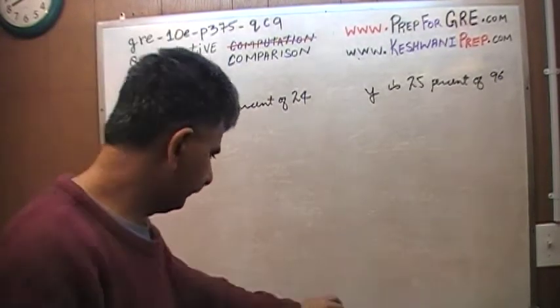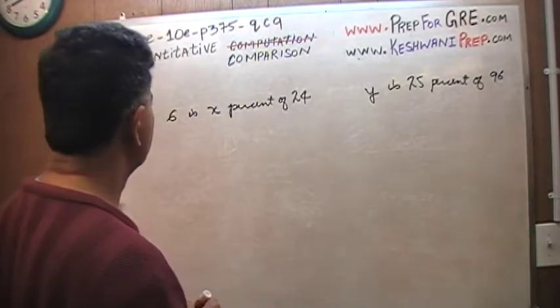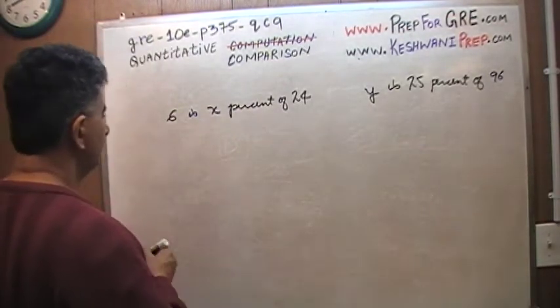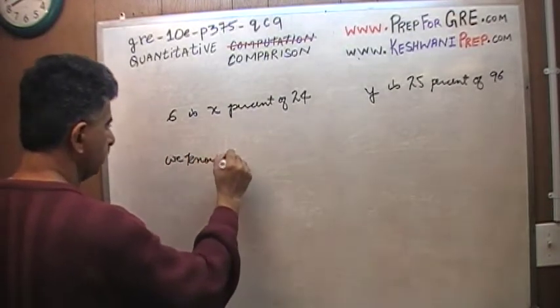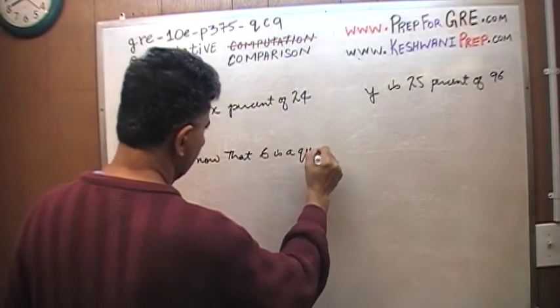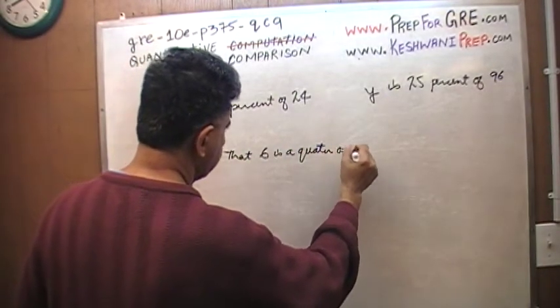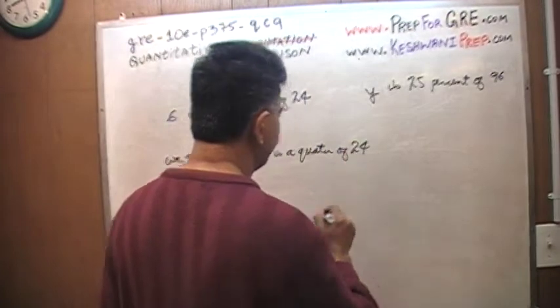Well, let's take a look at it. We know that 6 is a quarter of 24, don't we? That part we do know.